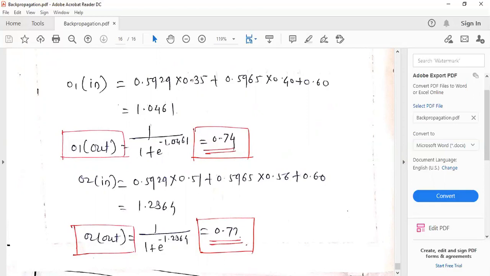So this is the simple process of back propagation, and for a single algorithm or single example, you might have to do back propagation 10 times, 15 times, 20 times. Once you have written code for all these things, you will repeat that code again and again until you get the output values you want to achieve. So this is the basic logic behind back propagation.